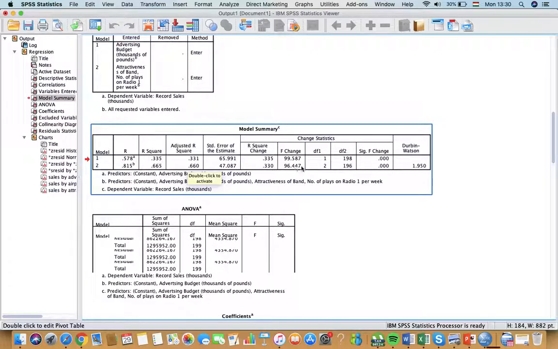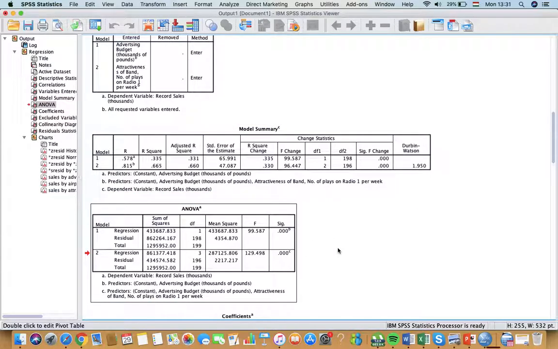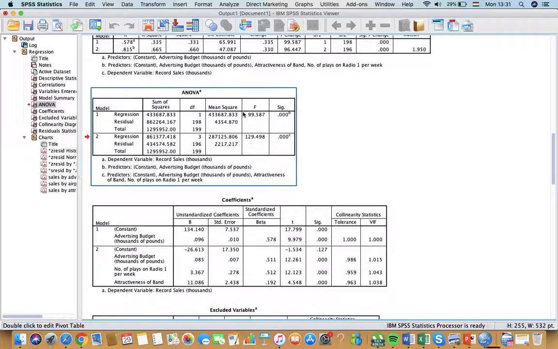And the important value here is the Durbin-Watson test. Remember, this should be as close as possible to 2. Here we have a value of 1.9. So this was the assumption of independent errors, and we can say that the assumption of independent errors is met. It's not violated. The next table is the ANOVA.